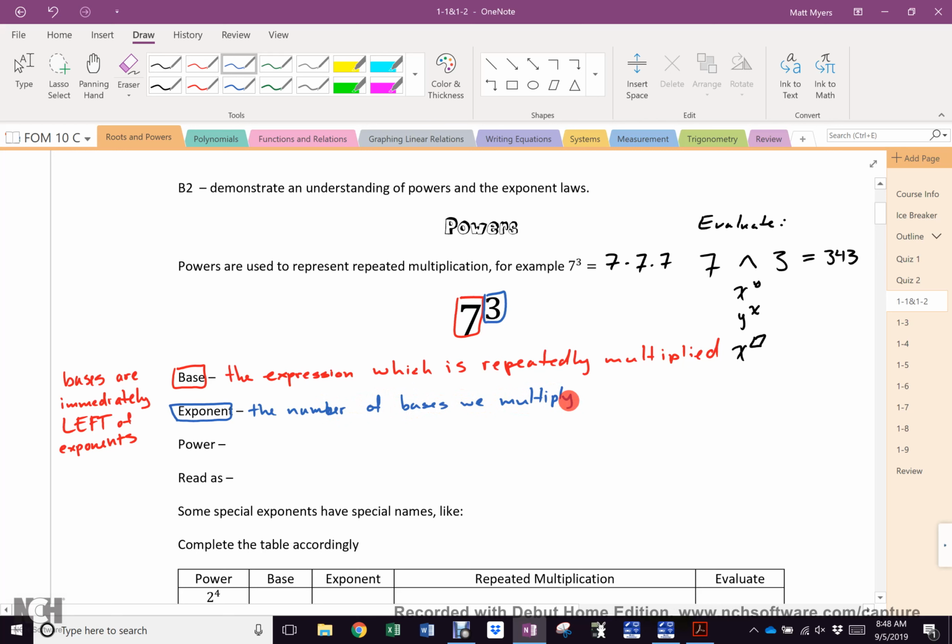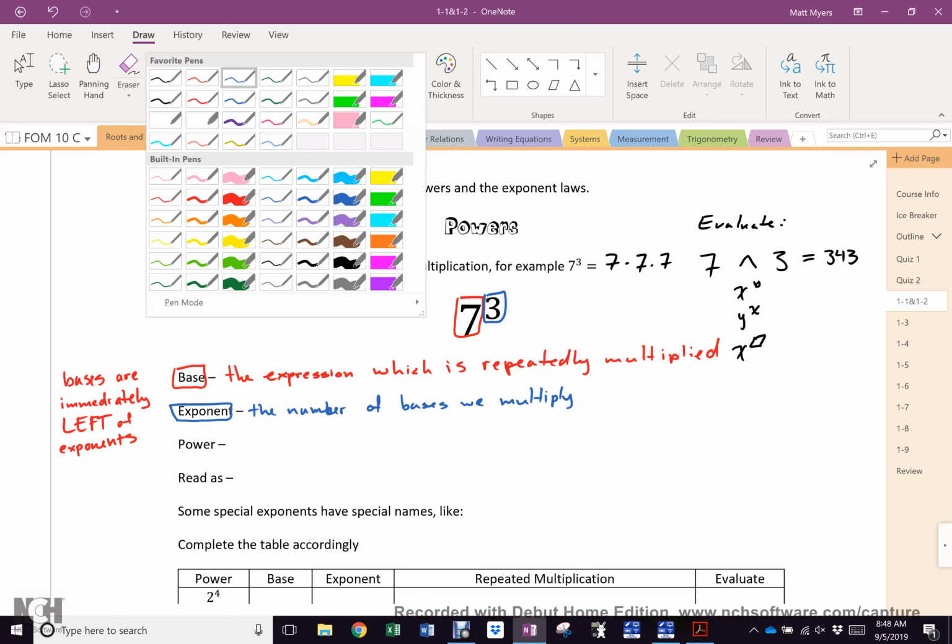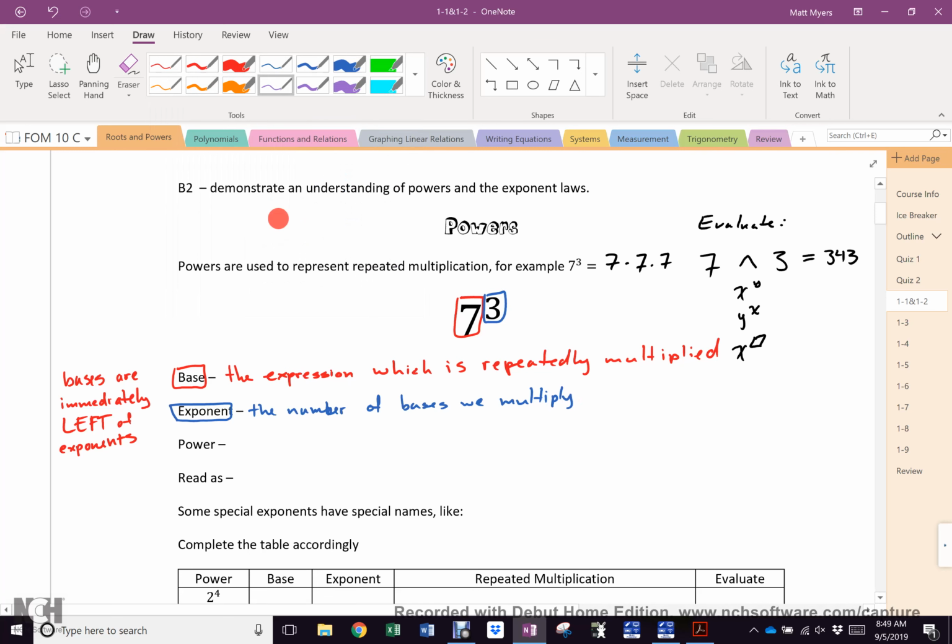Which seems very easy and self-explanatory, yes? Until you get to slightly higher level math. And we're going to talk about that on the next page. But for our purposes right now, that's everything you need to know. Now, the whole thing, because when you mix blue and red, you get purple, is the power.